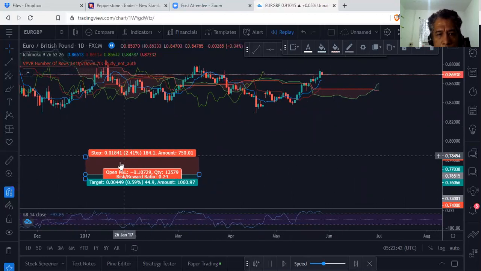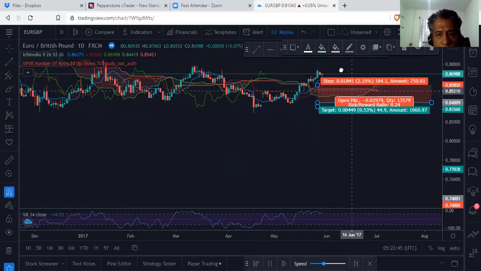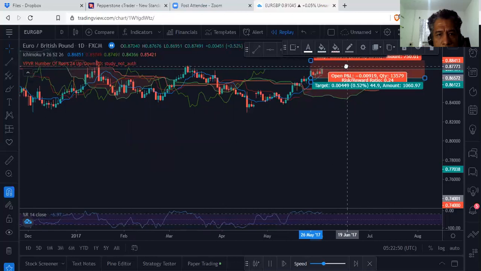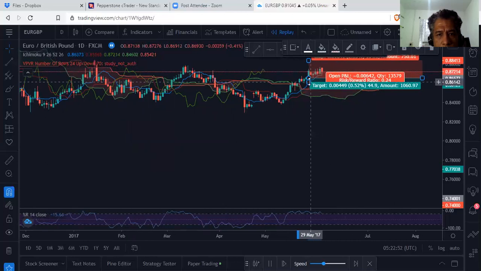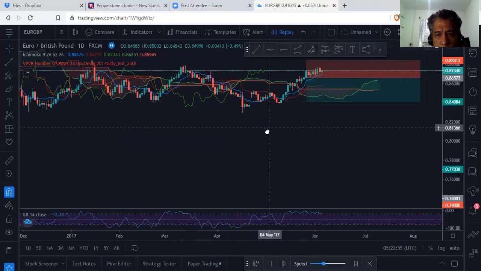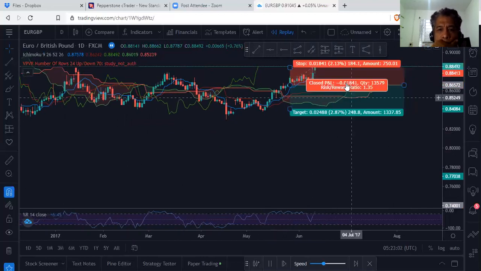Williams, so probably I'll be selling this. Sell. Take profit here. Loss, it's a loss.